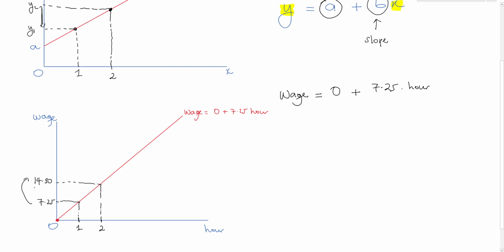Okay, so you see that increasing hour by 1 increased wage by 7.25, and this is the slope. Now let's try it again. Let's increase hour by 1 again. If you plug 3 in that function there, you get 21.75. So you see, increasing hour by 1 increased wage by 7.25. Well, I believe you understand at this point. This is what we call the slope.